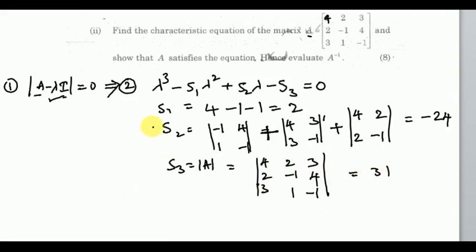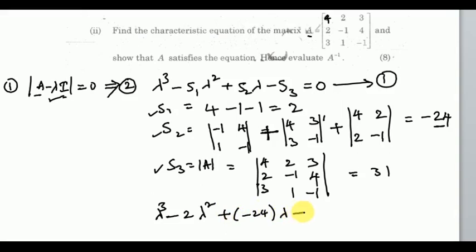So if you substitute s1, s2, s3 in the characteristic equation, you will get lambda cube minus 2 lambda square, minus 24 lambda, minus 31 equals 0. This is the required characteristic equation of the given matrix A.